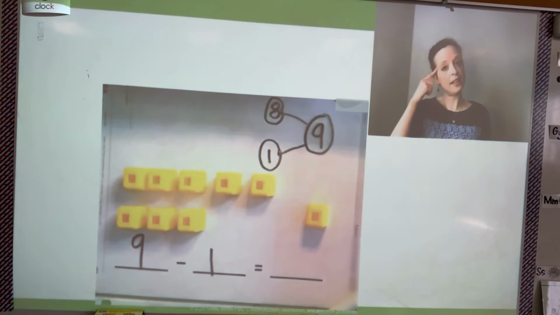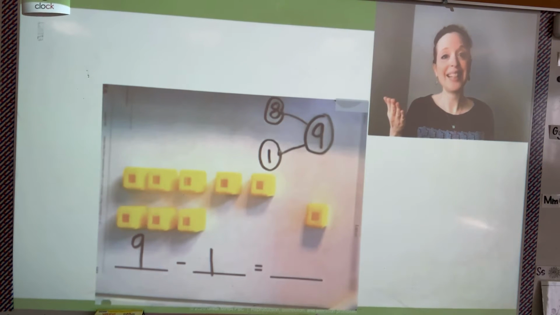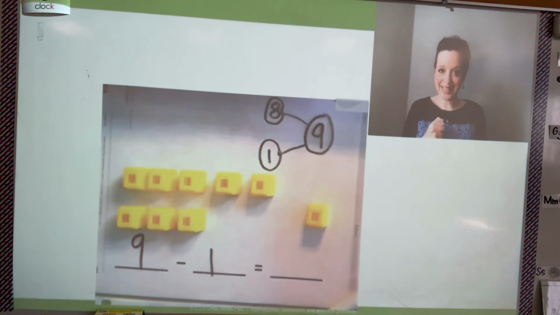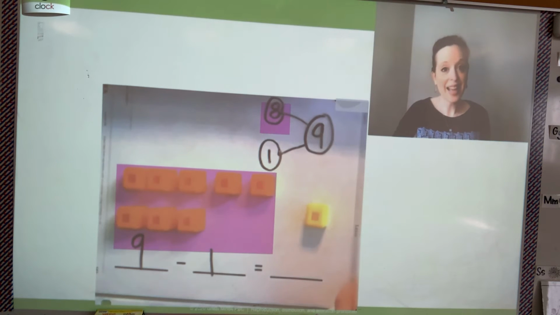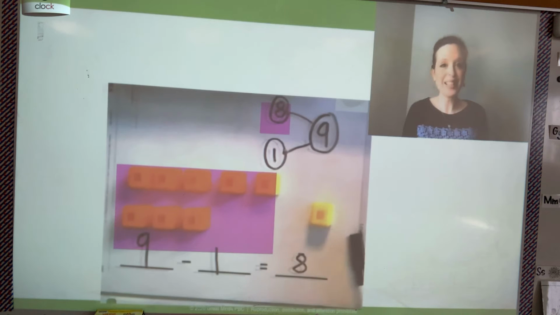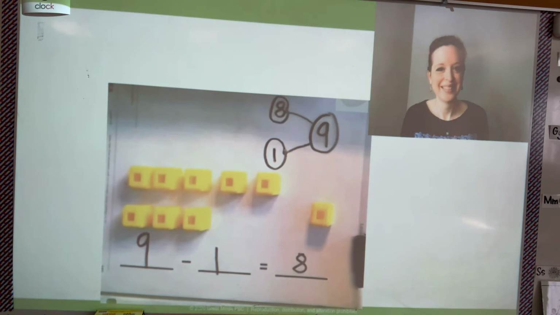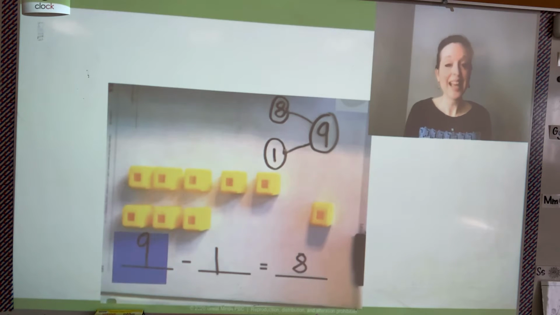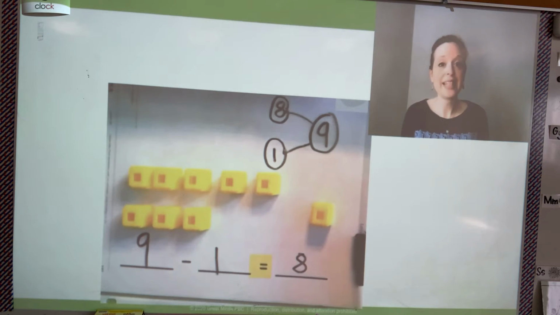Think. Say it. Yes, 8. 9 take away 1 is the same as 8. Let's write 8. Nine take away 1 is the same as 8. 9 minus 1 equals 8.